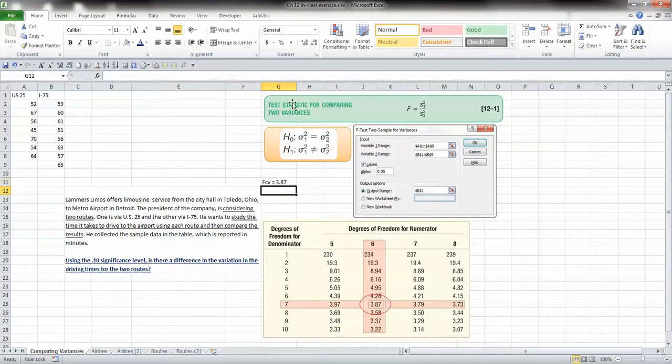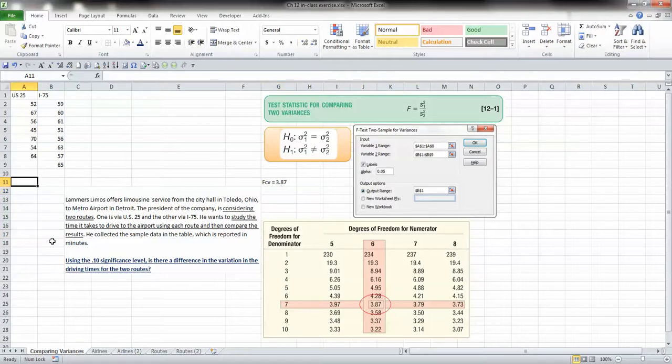So now we use our formula for the F-test statistic for comparing two variances, and it's simply the variance of the sample data for the first set of data over the sample variance of the second set of data.